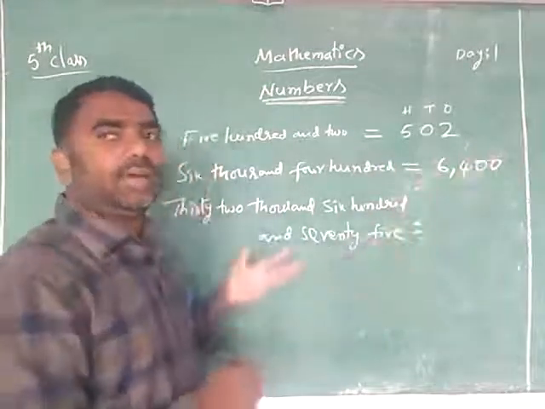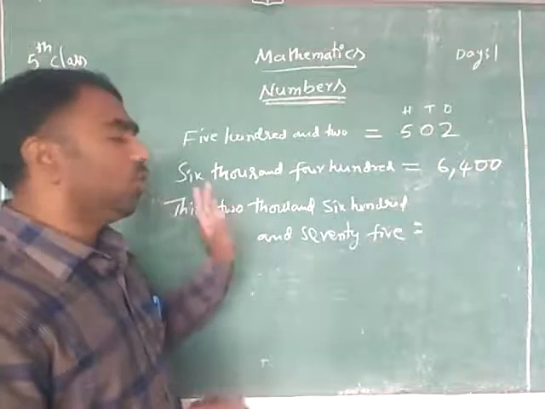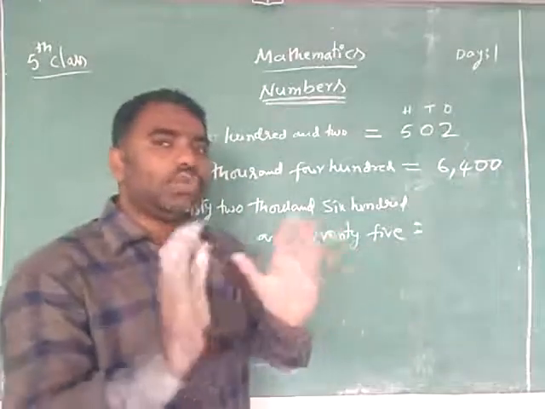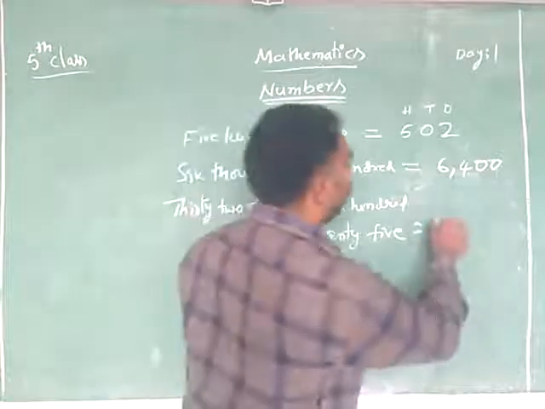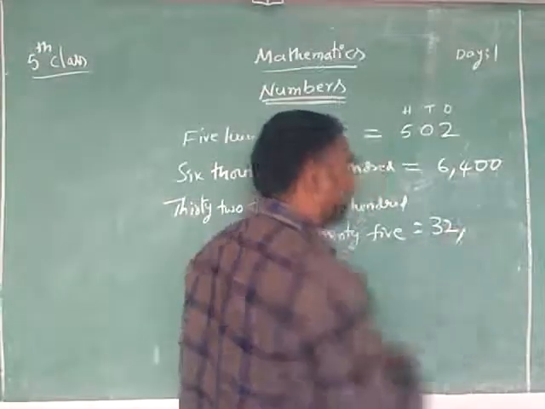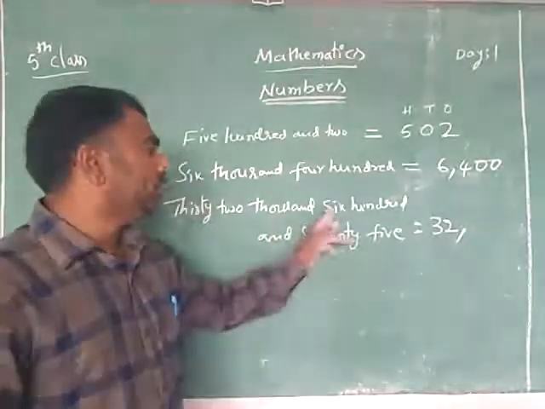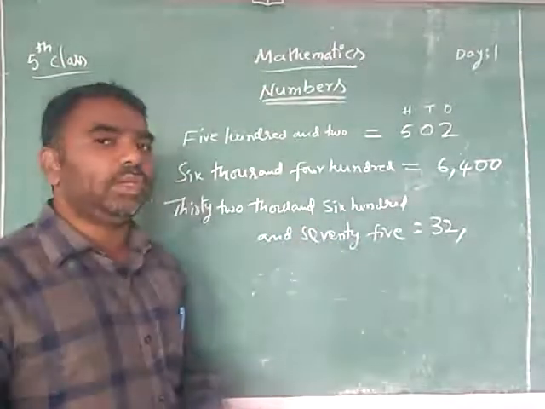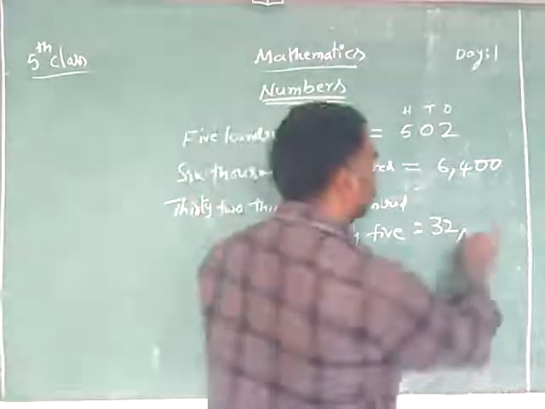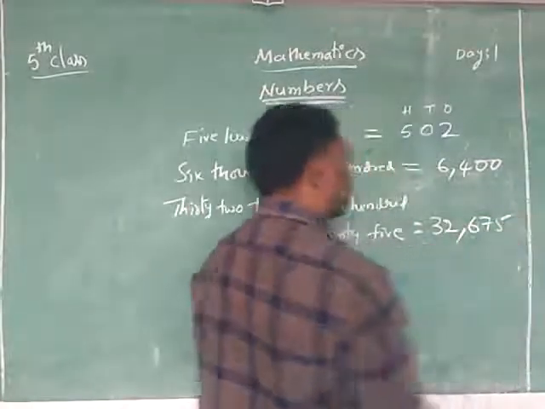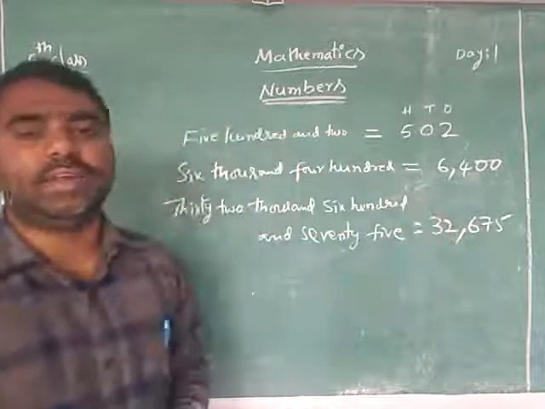First, how many thousands are there? 32,000. How do you write 32? 32. And separate it because these are thousands. 32,000. Next, what is it? 675. You know how to write 675. That is 675. So 32,675.